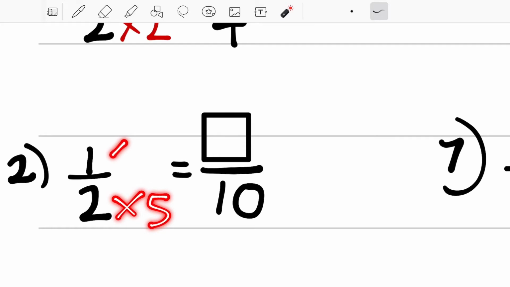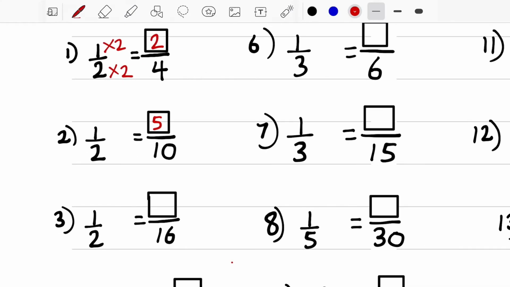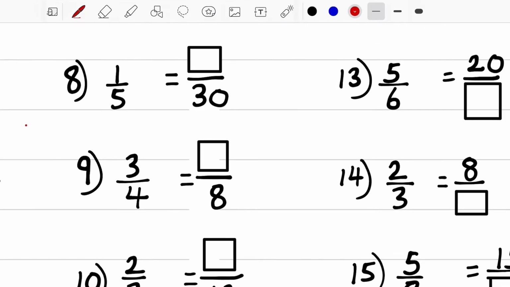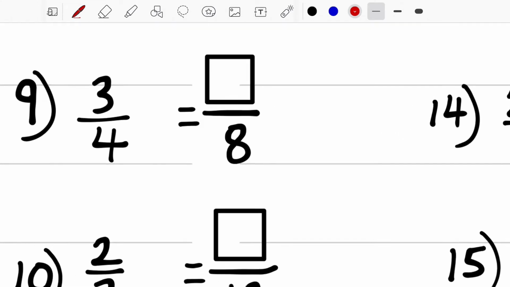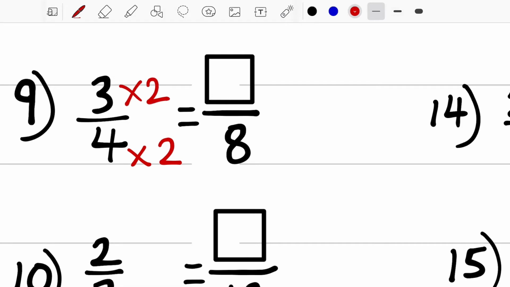So 1 multiplied by 5 will give you 5. Here we are also increasing, so we must multiply. 4 times 2 will give you 8. So 3 times 2 will give you 6.